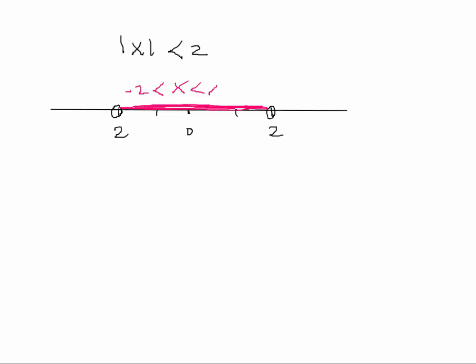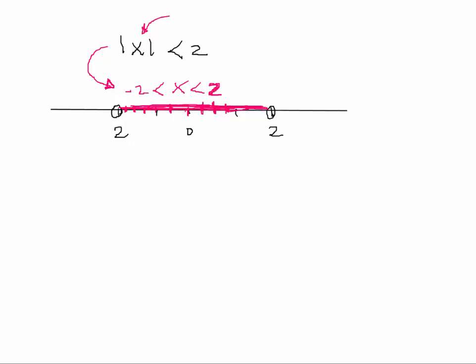So you have to go all the way to minus 2, because I thought it was any numbers less than 2 down to 0. Or is it any number less than 2 down to minus 2? Yeah, all the numbers between minus 2 and 2 mean absolute value of x is less than 2. This number is less than 2 units away, this number is less than 2 units away, and this number to the other side is also less than 2 units away from 0.